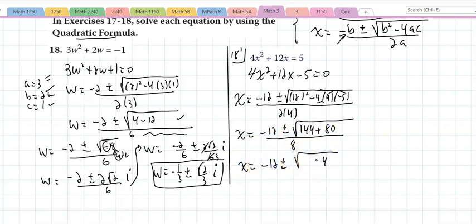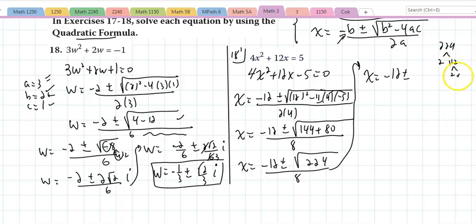And this is 224 divided by 8. Again, cleaning the radical is a big hassle. That's why I really don't prefer using the quadratic formula, but students disagree. If I take 224, and I'm trying to think, 2 divides 112, 2 divides 112 2 times, you have 56, so there's a 4 in there for sure.